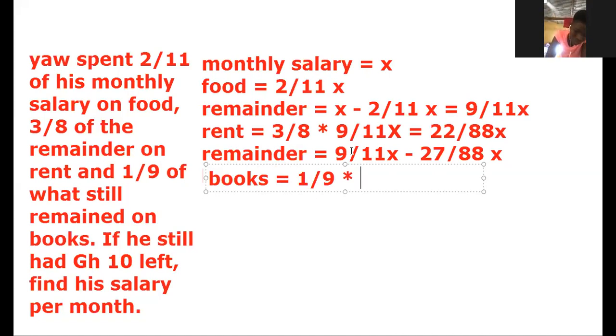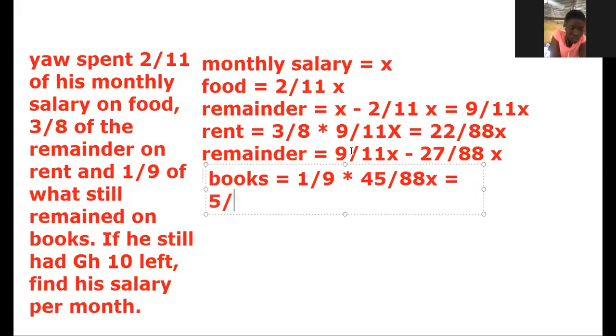And that will give us 45 over 88. So the amount that he will spend on books will be 1 over 9 by 45 over 88, and that will give us 5 over 88. So that's the amount that is spent on books. Now, the remainder after everything, that's the remainder after everything.